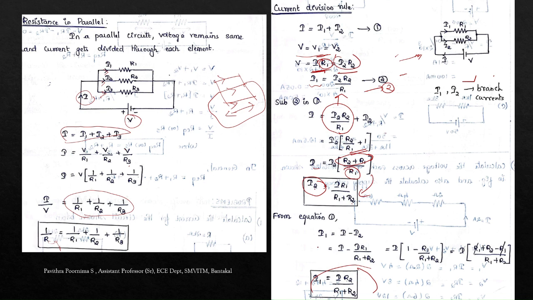Previously it was V1 R1, V2 R2, but here it is I2 R1 and I1 R2. Anyhow, the formula will be in the handbook. The current division rule we usually apply for two elements connected in parallel. If there are 3 or 4, then we can use Ohm's law.